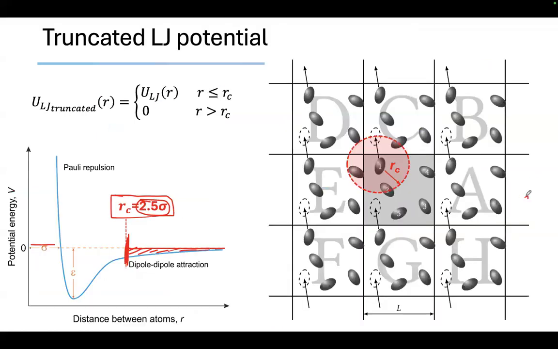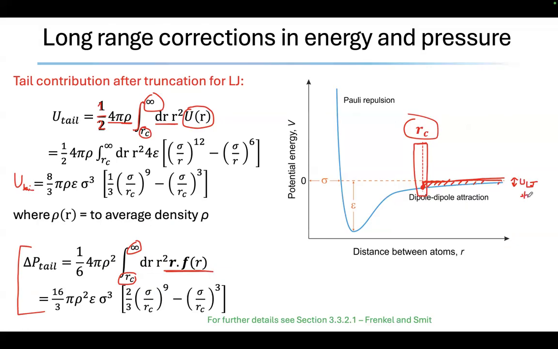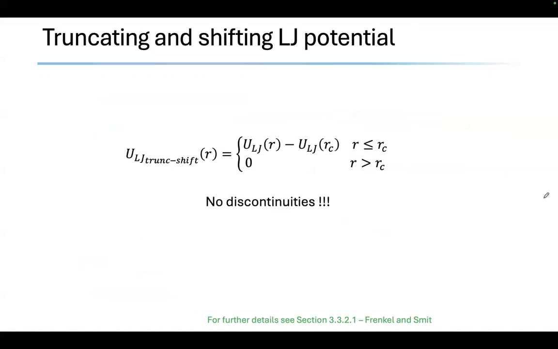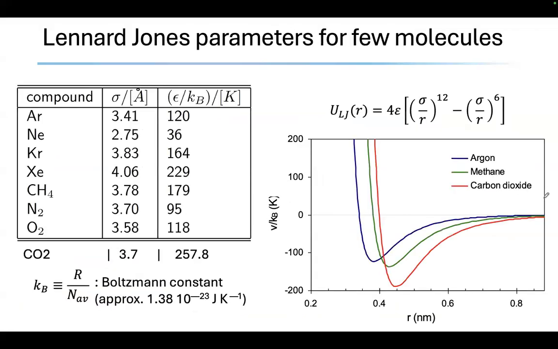Once you shift it, you make sure that there are no discontinuities in the system, and this makes it less susceptible to errors.